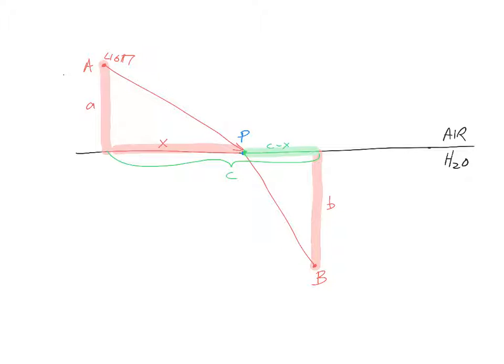So if we say that a squared plus x squared would equal, I guess, h squared, I already used c, so I have to use something else. And that means that length, h, is just going to be that.